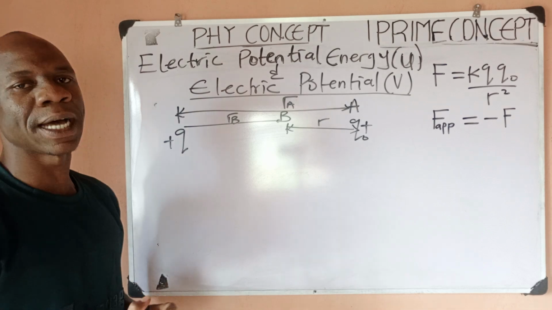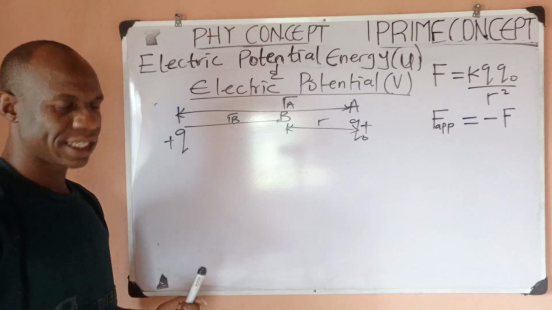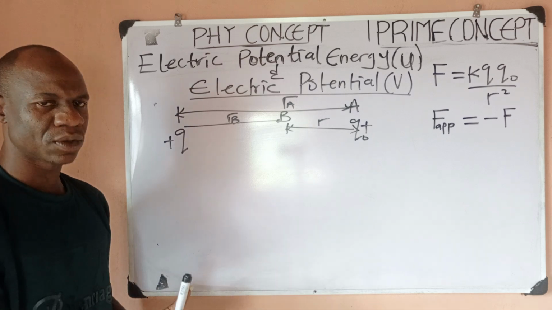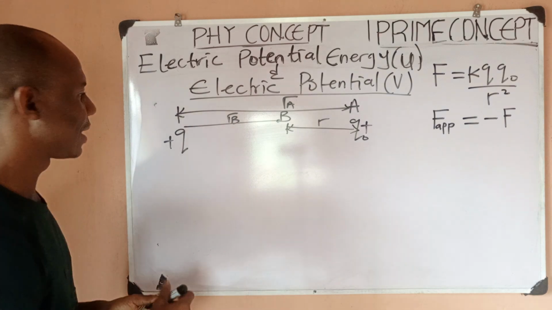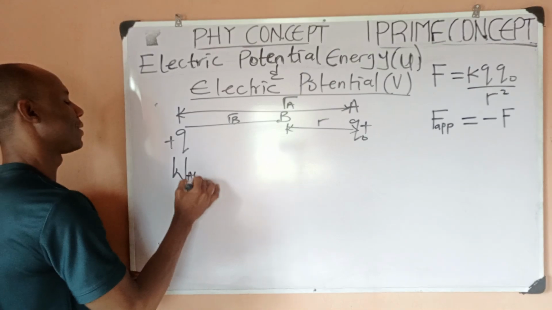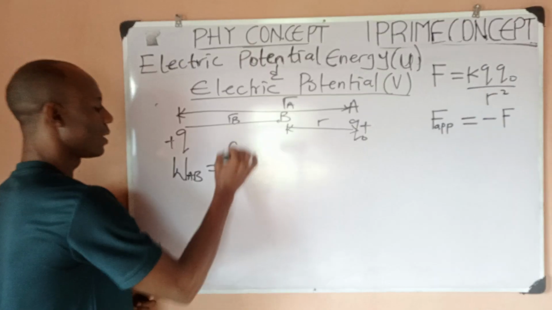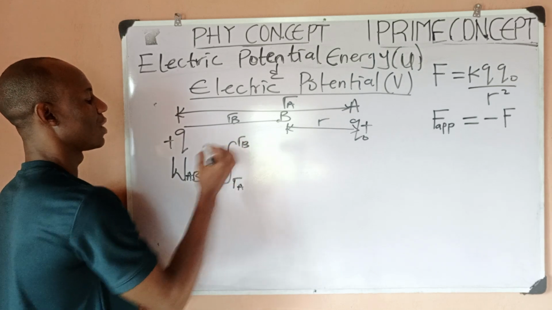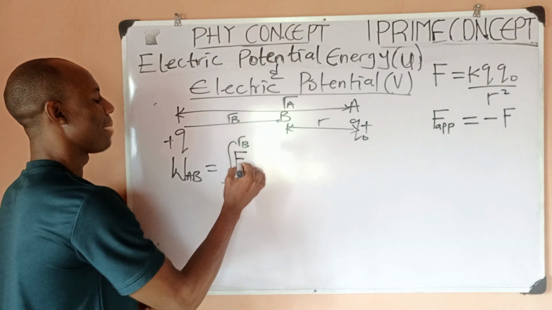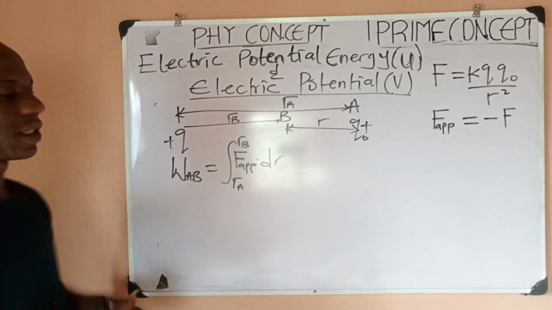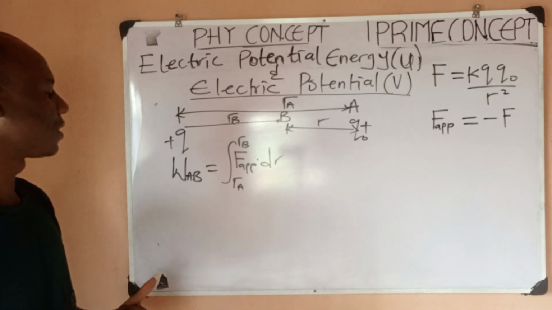Now, if I consider doing work by moving that charge through a small distance dr, then that work done is going to be given by the integral from point A to point B of our applied force times the small distance dr through which you are moving, right?